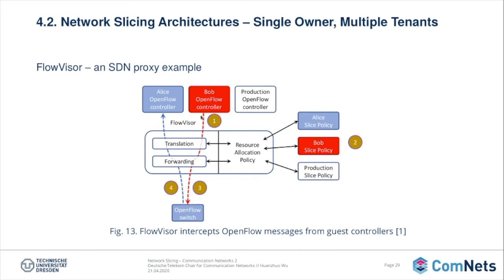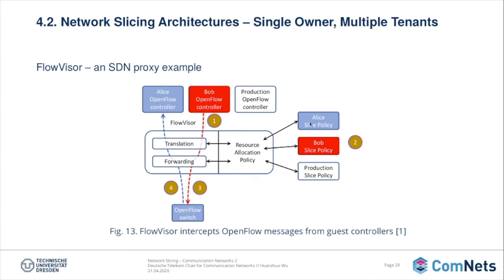FlowVisor defines a slice as a set of flows running on a topology of switches. It sits between each OpenFlow controller and the switches to make sure that a guest controller can only observe and control the switches it is supposed to.